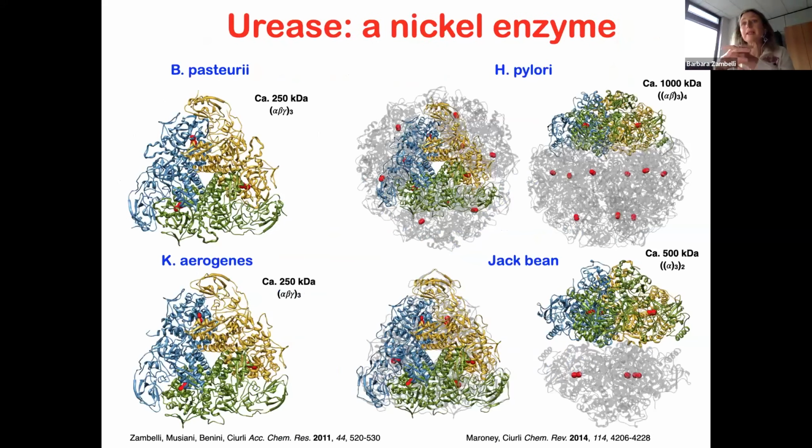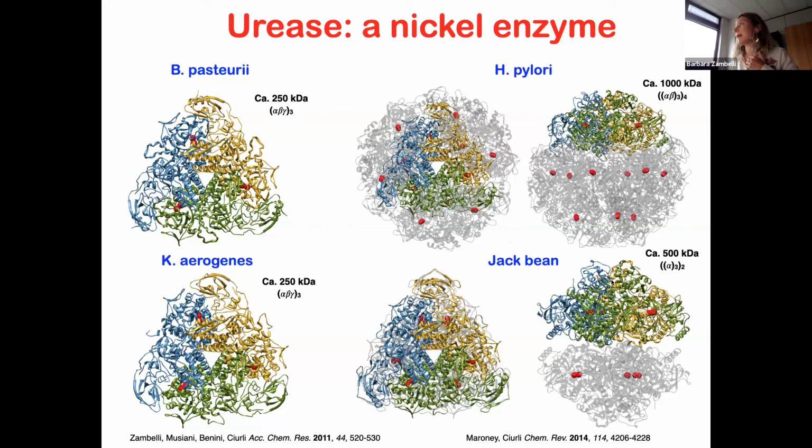The structure of urease is known from bacteria and plants, and in all cases there is a basic structure that in bacteria is made of a trimer of trimers, like here in the picture, alpha, beta, gamma multiplied by 3. In some bacteria, such as Helicobacter pylori, this basic structure is multiplied 4 times. The beta and gamma are fused in a single beta subunit, and this alpha-beta trimer is multiplied by 4, so it's a dodecamer.